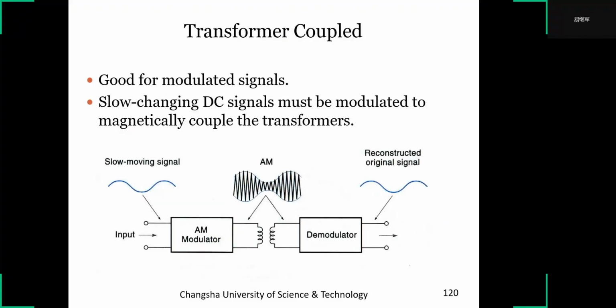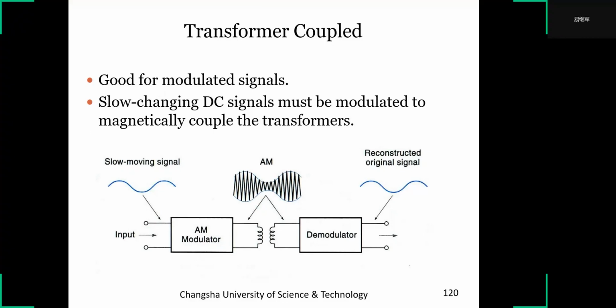Transformer coupled. Good for modulated signals. Slow changing DC signals must be modulated to be magnetically coupled through transformers.